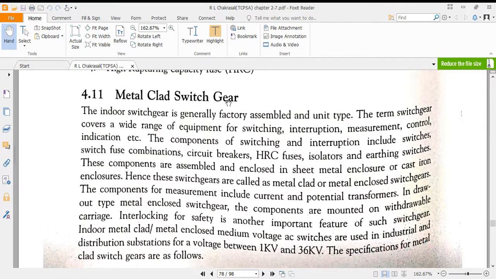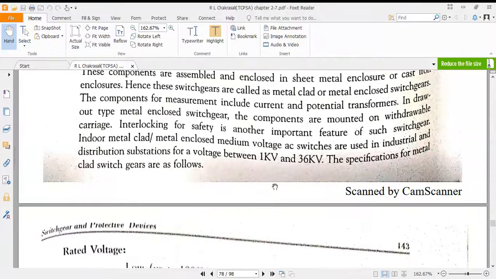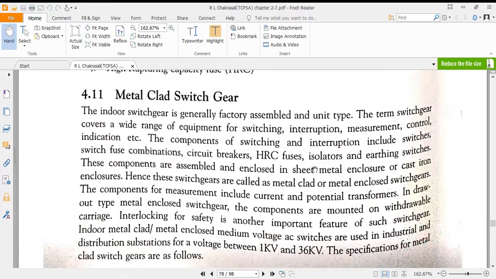That's called metal clad switchgear. Generally it is used for low voltage. Low with respect to our electricity is up to 11 kV or so. And these metal clad are generally used for indoor switchgears.